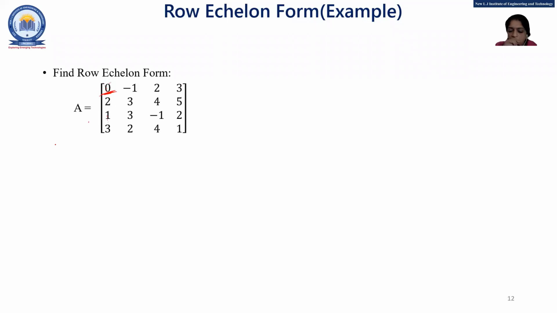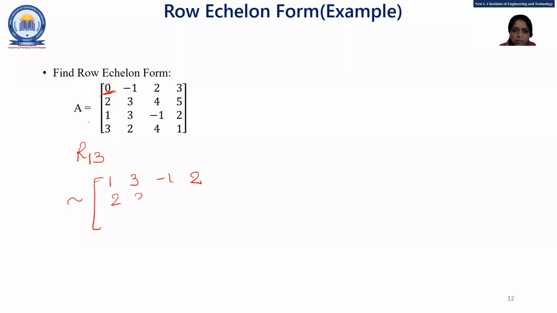This is known as an operation. So my first operation is R13. So my equivalent matrix: I'm going to interchange row 1 with row 3. So that is 1, 3, minus 1, 2.